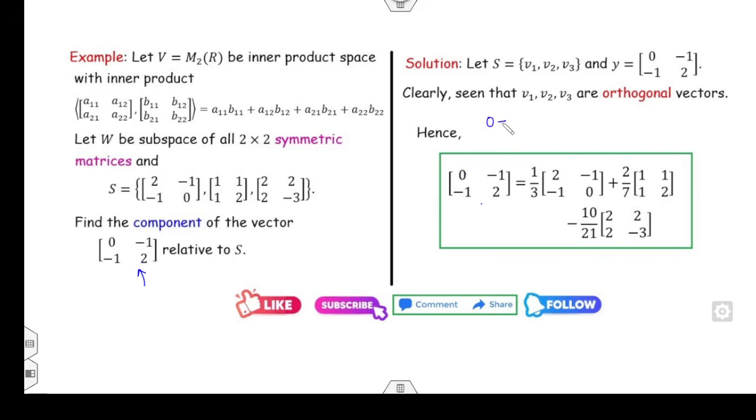Look at the first entry, the answer is 0. In this case it is 2 over 3, this one is 2 over 7, and this number is 20 over 21. If you take the LCM 21, it is 14 plus 6 minus 20. You can see 20 minus 20 is 0. The left hand side is satisfied. Similarly, you can check that the other three entries are satisfied as well.